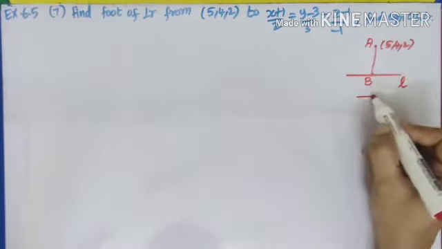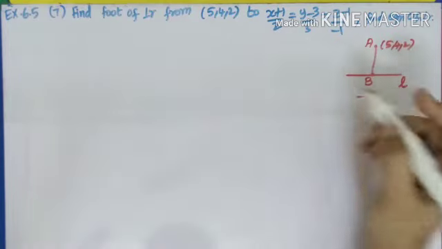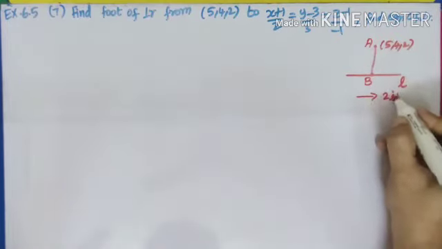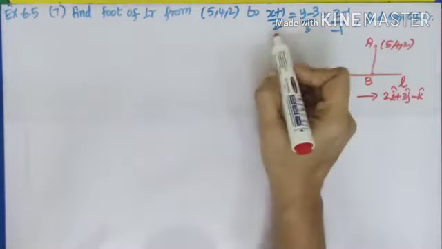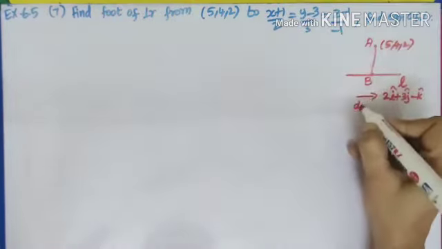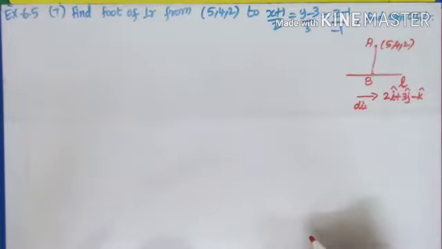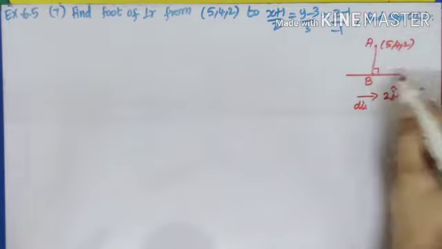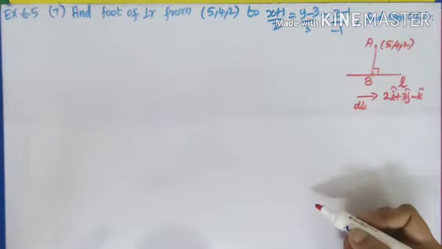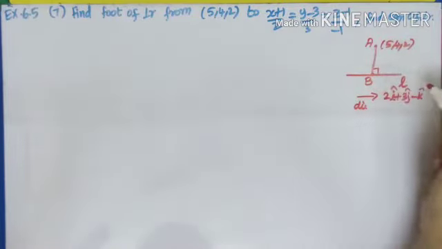What is the direction of the line? The direction of the line is 2I plus 3j minus k. I have taken it from the denominator. So this is the direction of the line. Now one idea I can say: AB is perpendicular to the line.